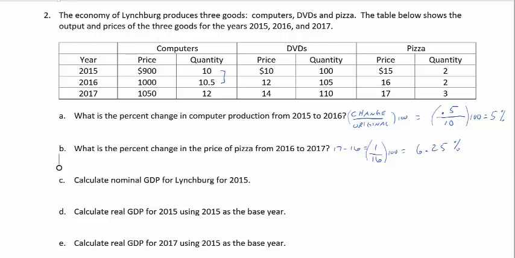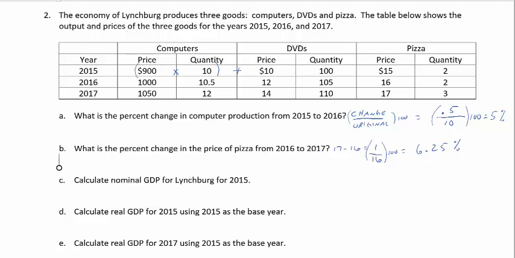Alright, C. Calculate nominal GDP for Lynchburg for 2015. So nominal GDP, we do exactly how we did in the first problem. We're just going to take the price of the output and multiply it by the output and then add that up for each good that is produced. So for 2015 they made 10 computers at $900 each.